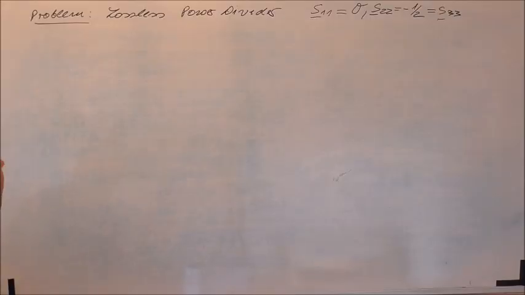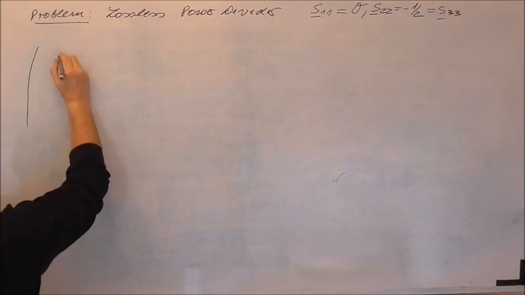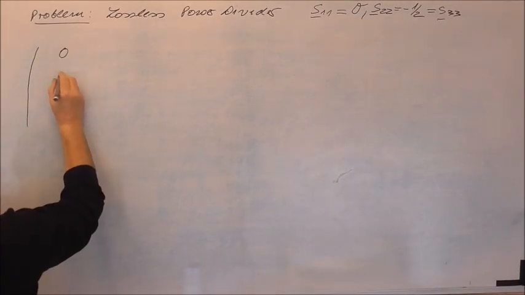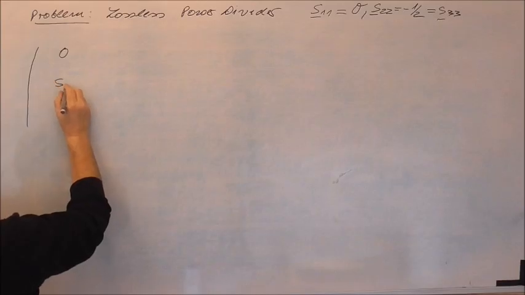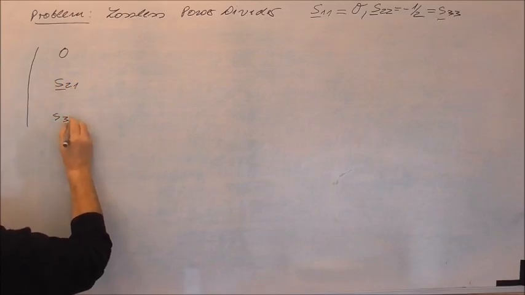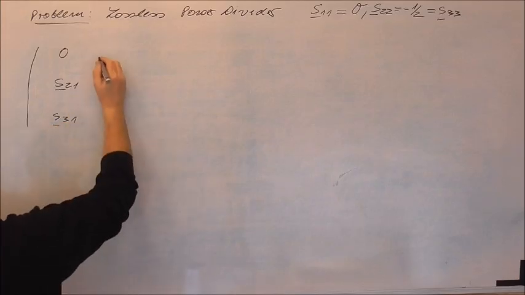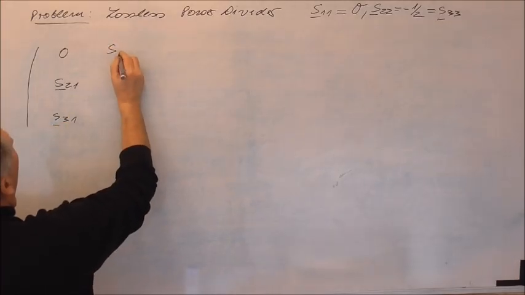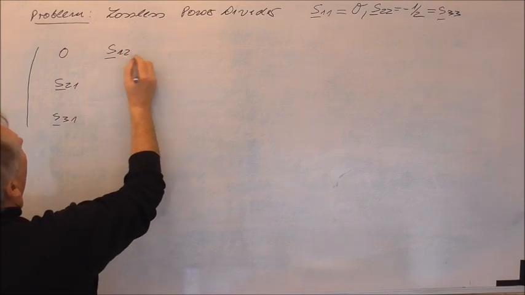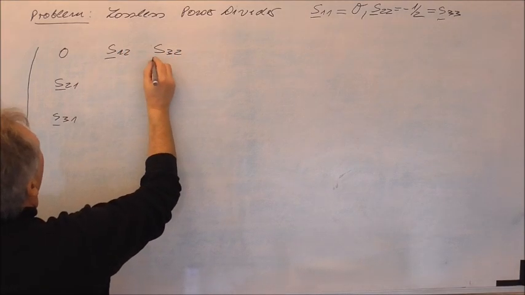So what do we know now? We have here 0. I call this S21, S31. We have here S12, S32.